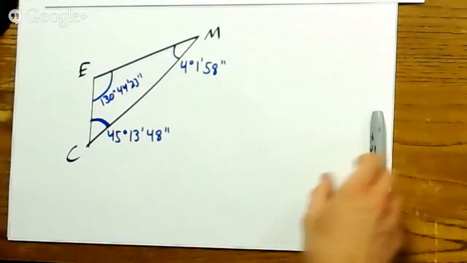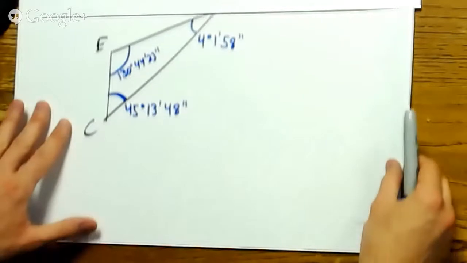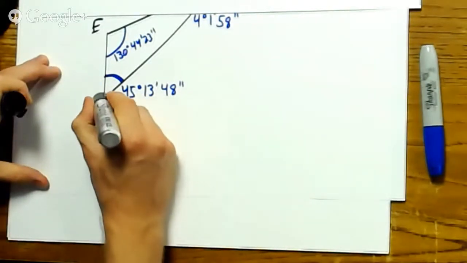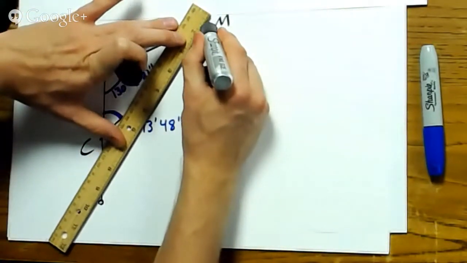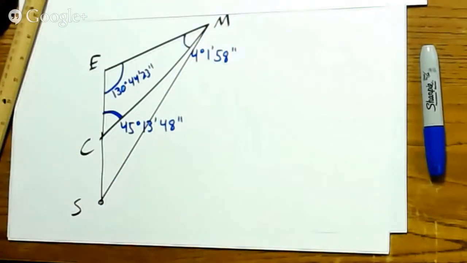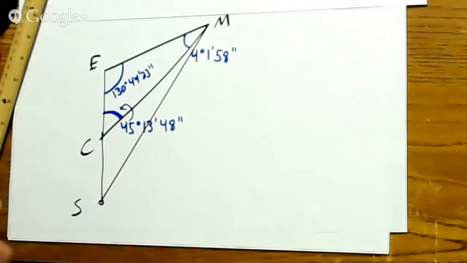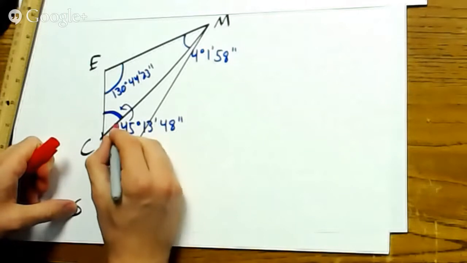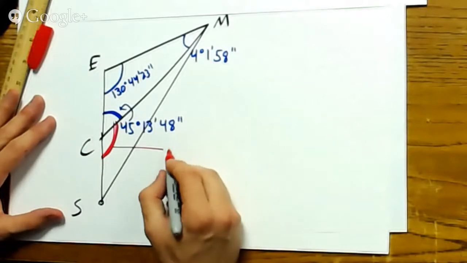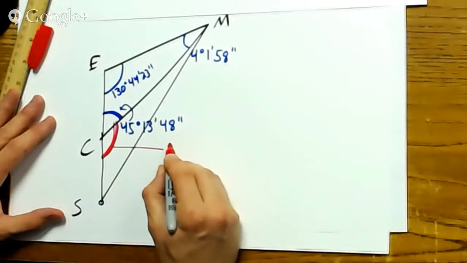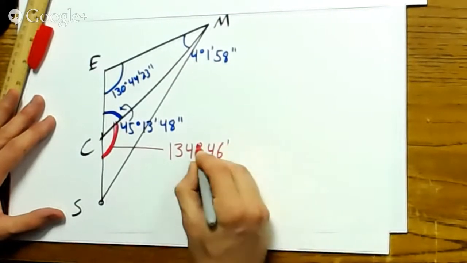Okay, so finding that angle, you're able to find the angle MCS, because it's 180 different from it, right? Exactly. So we subtract 45 degrees, 13 minutes, 48 seconds from 180, and that gave me 134 degrees, 46 minutes, 11 seconds.